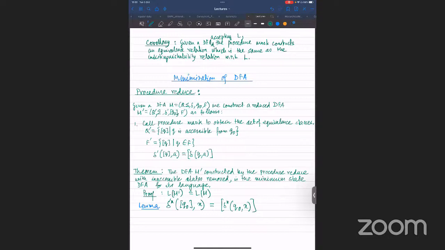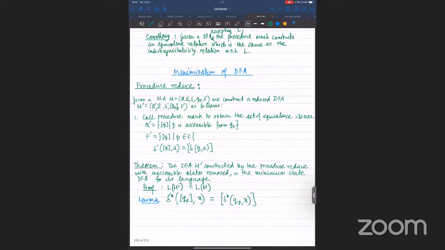And then what? Suppose I want to show this direction, L of M prime is a subset of L of M. Once you have the lemma, assume that you have proved it.